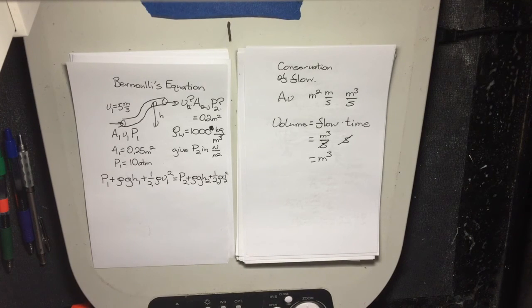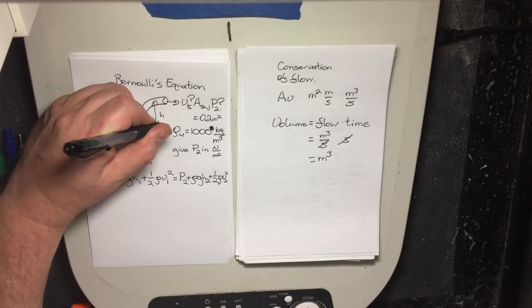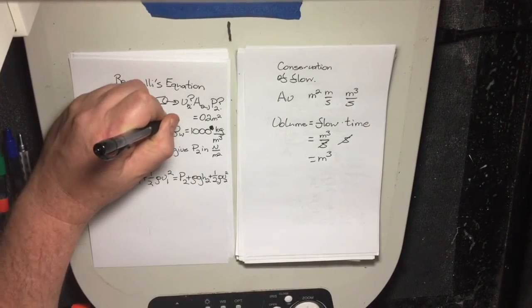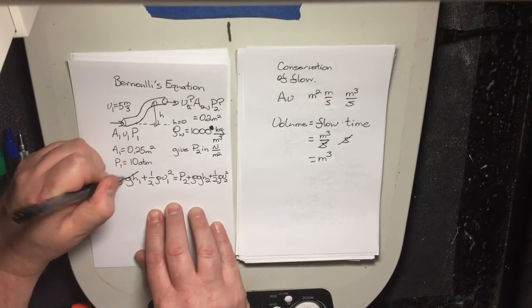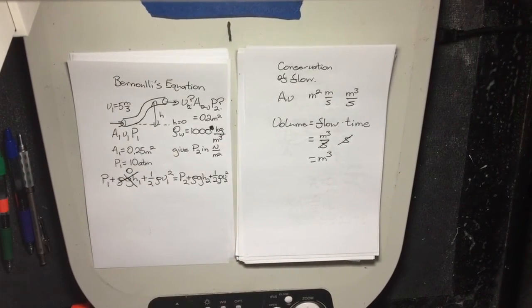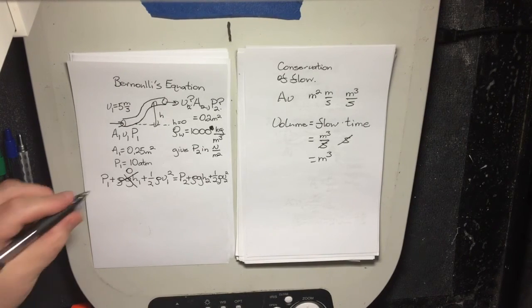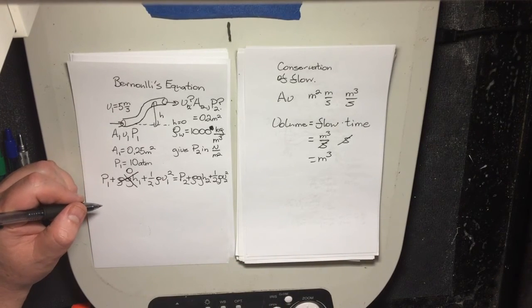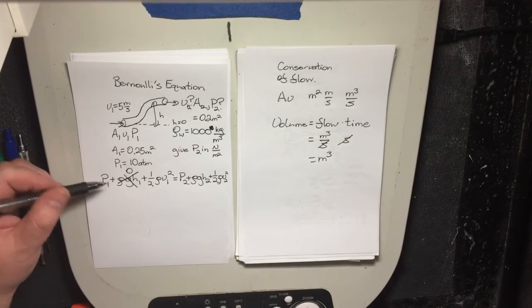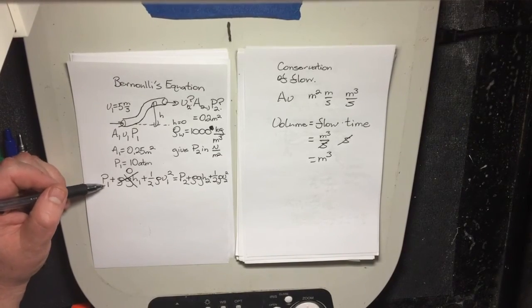One of the things when you see a problem like this, you always go with the lowest point having a height of 0. So height 1 is 0, so that goes away. Yay, there are some things that I enjoy plugging 0 in. Now, what I've got to do first is not even use Bernoulli's equation.